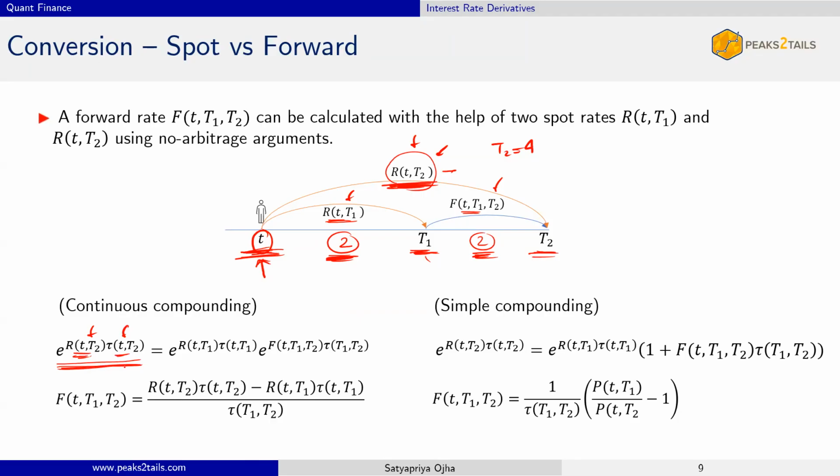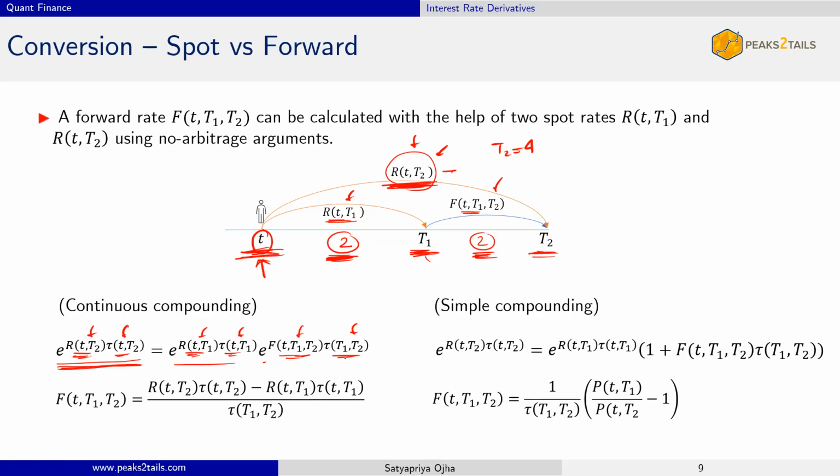If you book at the spot rate for the entire period, t to capital T2, that should be the same as if you break it down: book with the spot rate till T1, so the year fraction will be from t to T1. And again, whatever amount you had, you grow it again using the forward rate, e to the power f(t,T1,T2) times the year fraction between T1 and T2. The forward rate is applicable between T1 and T2.